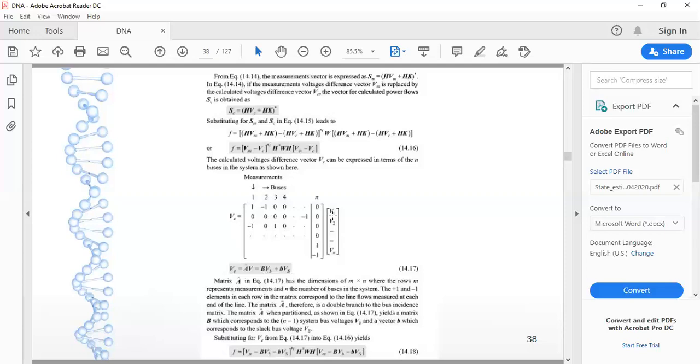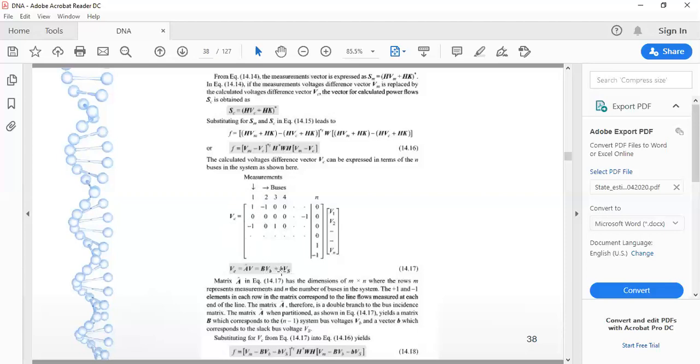Now over here we have to separate out the V vector into two terms, because in an n-bus system we have considered one bus as the slack bus. If the slack bus is there, we need not carry out calculation for its voltage. So if we are treating our first bus as the slack bus, then we need not derive the calculation for this first bus.